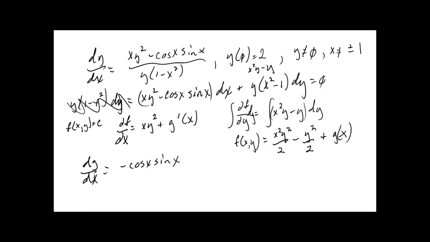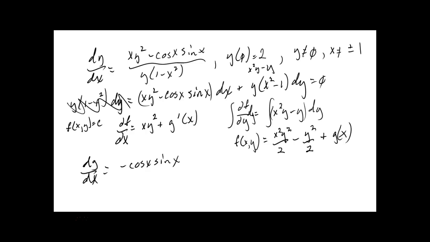It just gave us dy dx is equal to some really complicated looking rational expression. Okay? And it was an initial value problem, y of 0 equals 2. And while we had it in this form, I suggested noting y can't be 0 in this derivative. And neither can x be plus or minus 1 in that derivative. Function itself might have something there, but not the derivative.